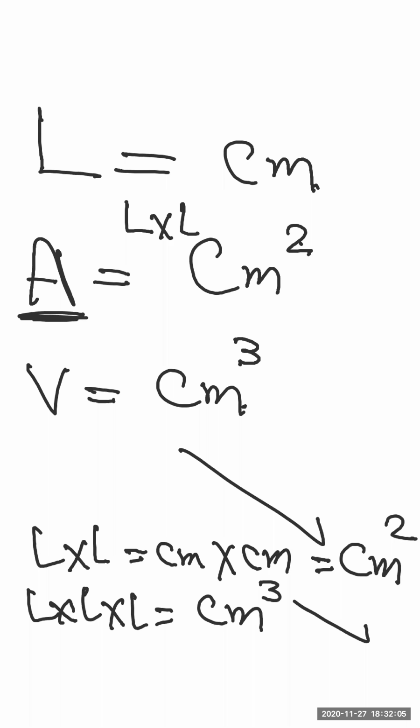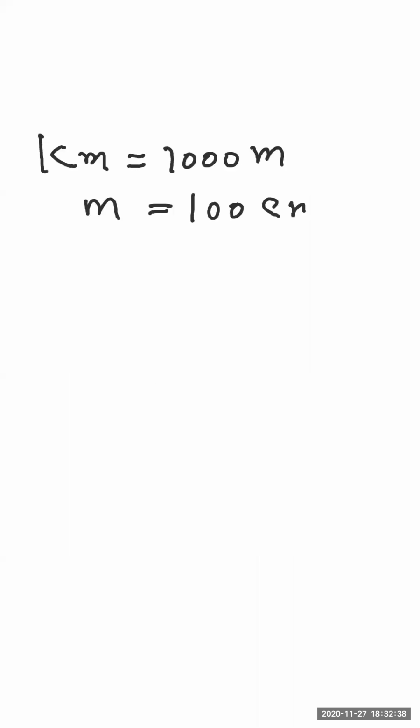Okay, guys? Do I have to memorize how many m squared equal km squared, equal how many cm squared, equal how many dm squared? Do I have to memorize this every year? It's very easy, by the way. You just have to know that a kilometer equals 1000 meters, and a meter equals 100 centimeters, and a meter equals 10 decimeters.